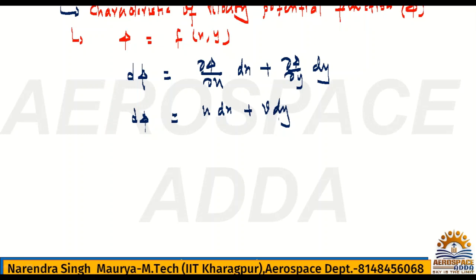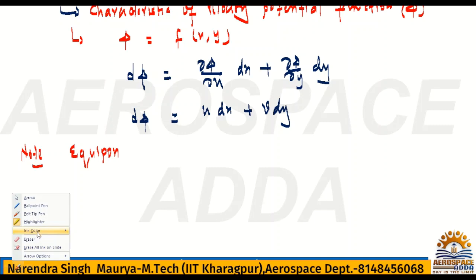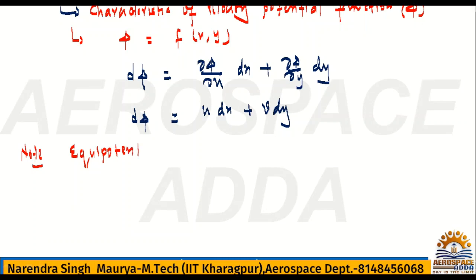Now, what is the meaning of the equipotential line? That concept will come here. So I need to mention one note. This is the note part. What is the equipotential line? How is it defined?